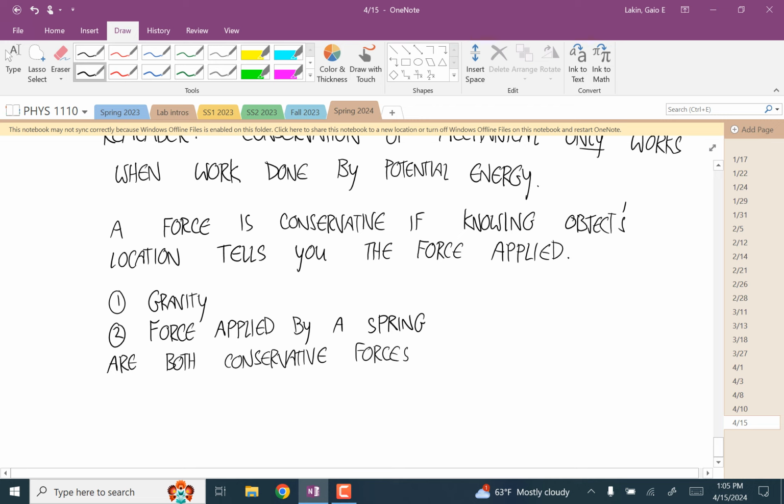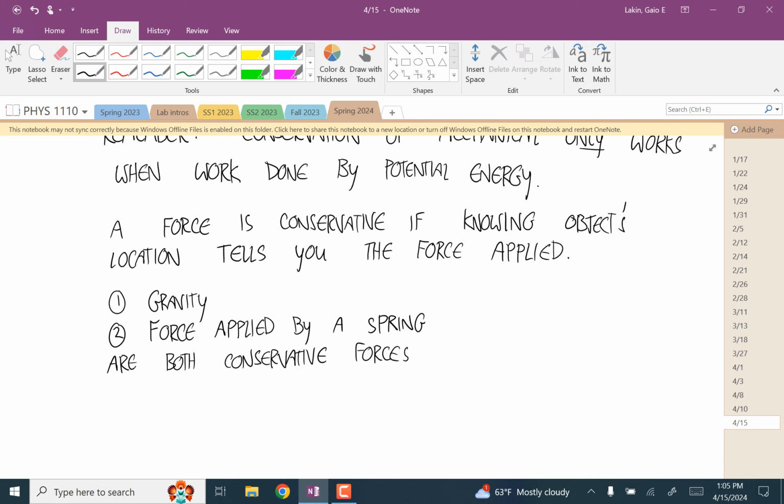Now let's think about a couple that are not conservative. So first of all, let's think about the normal force, okay? So the normal force that the table is applying, pushing up on this calculator to keep it from sinking into the table. If I tell you the location of the calculator and its mass, is that enough to know the normal force?